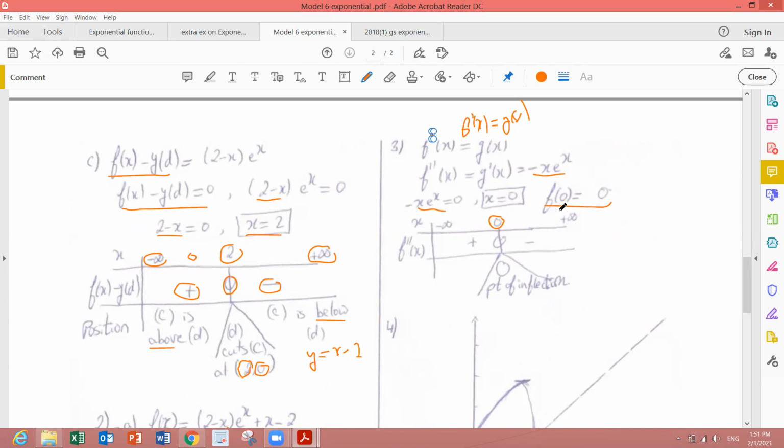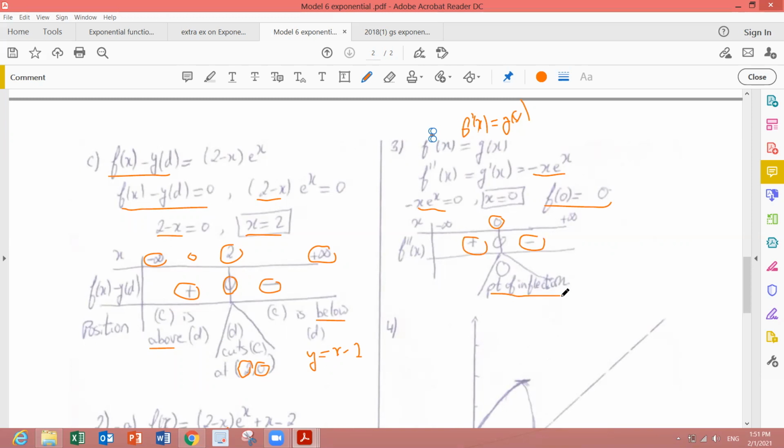To know the sign of the second derivative between 0 and plus infinity, if we put x equal 1, it comes out negative here, positive there, then the point O (0, 0) is a point of inflection.